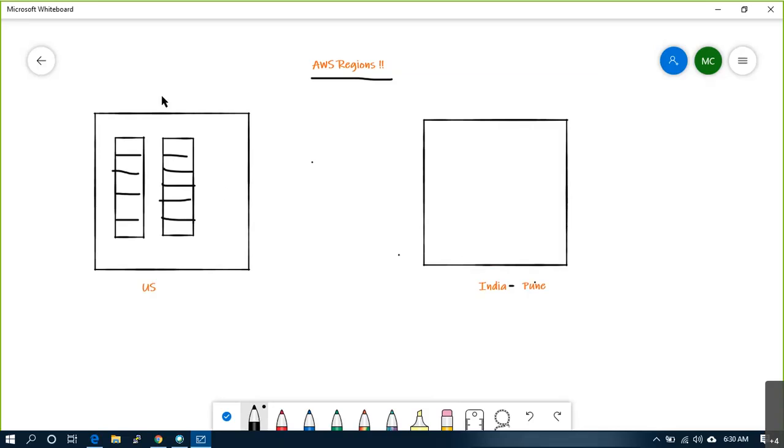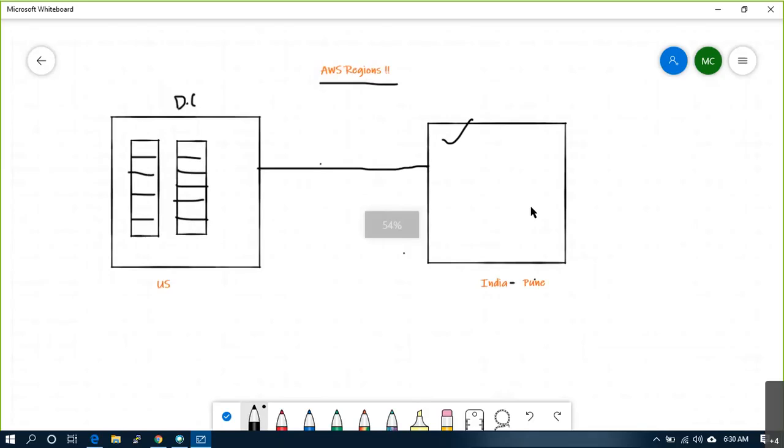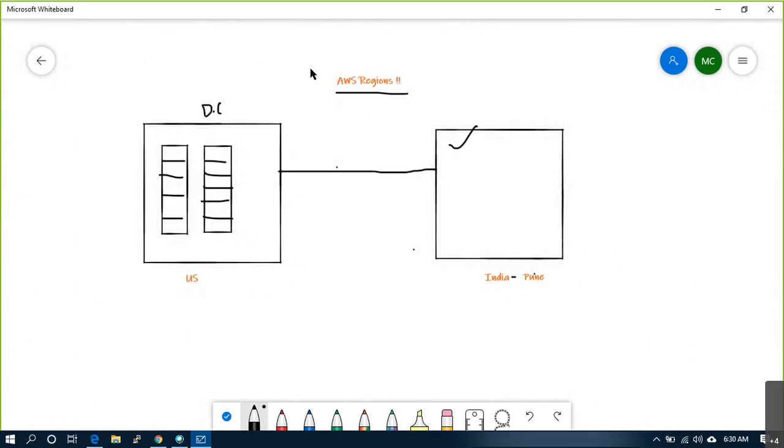This is your data center, and you have a private connection between both sites, and you are supporting from the remote office. Now, the company has taken a decision saying we are migrating onto cloud and has agreed a partnership with AWS.